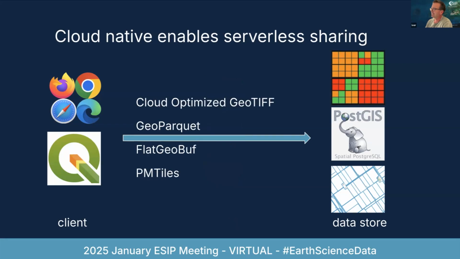And these relatively new cloud native formats allow you to do that without a server in between. So these Parquet files that are being stored are accessible directly, and you can download a small chunk which is relevant for you. And I think it becomes a lot easier to share data sets because the infrastructure of sharing this data is a lot cheaper than running your own infrastructure with specialized software tools.